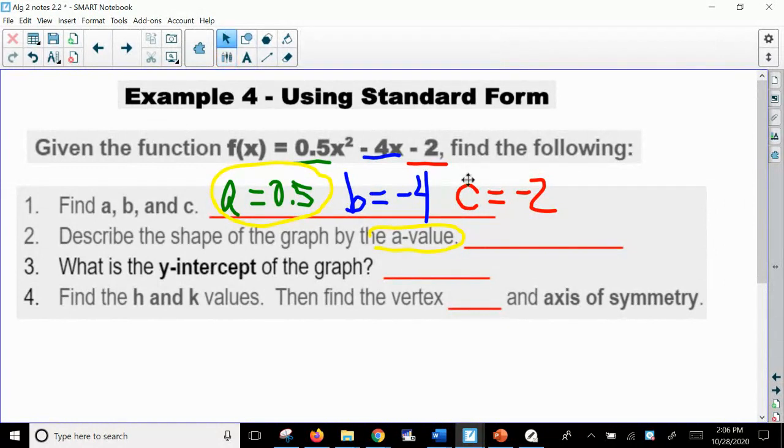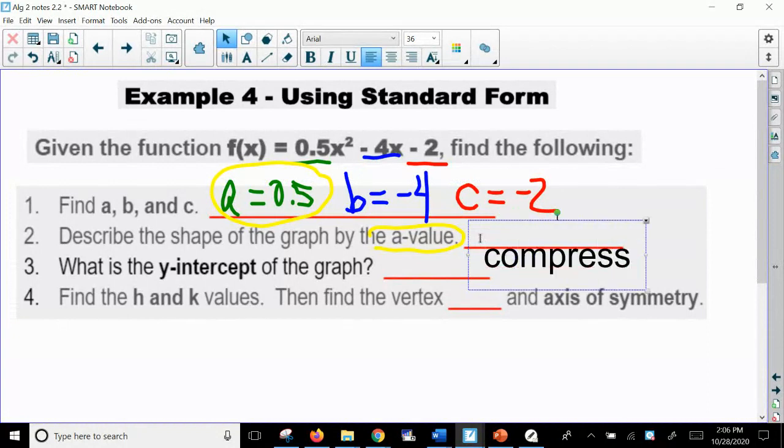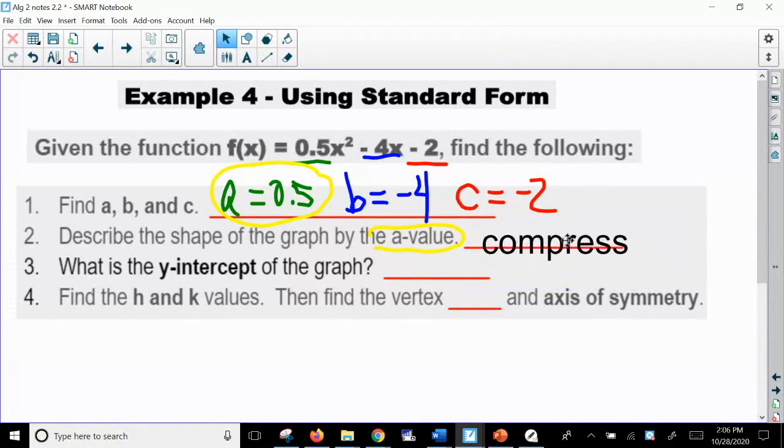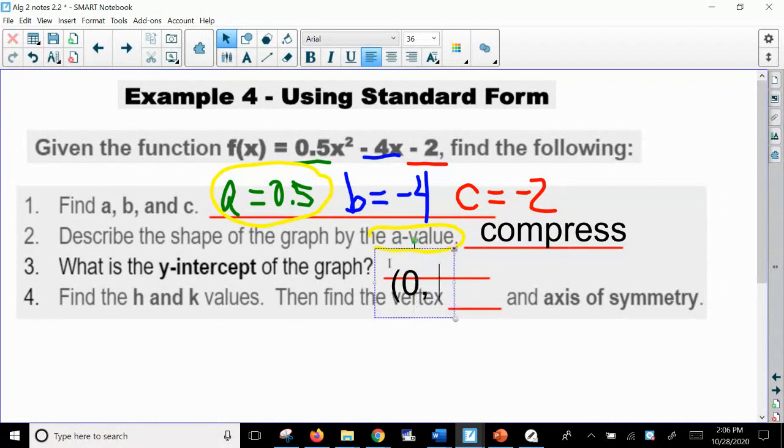That means the graph is going to compress or get wider. It does not flip because the A was not a negative. The y-intercept of the graph, remember C is your y-intercept. So our y-intercept is 0, negative 2. Or if you just want to say y equals negative 2, that's cool too.